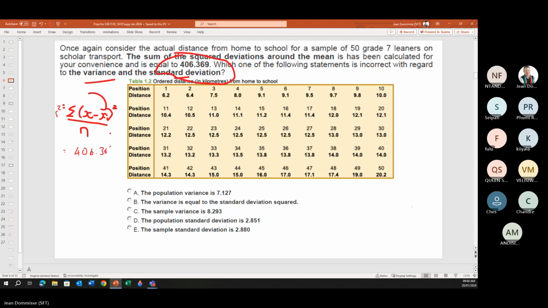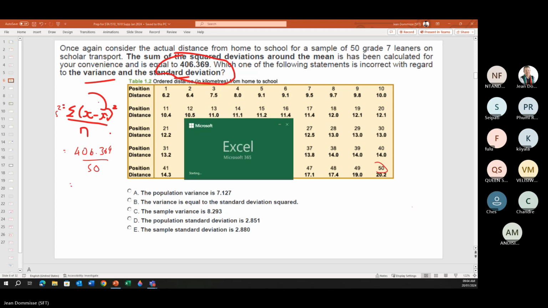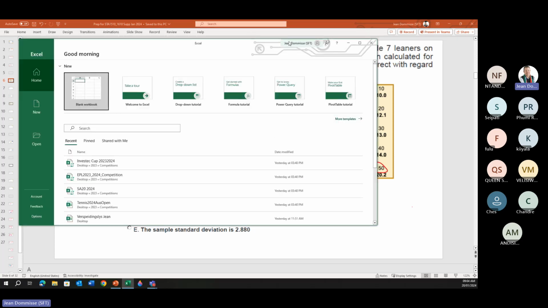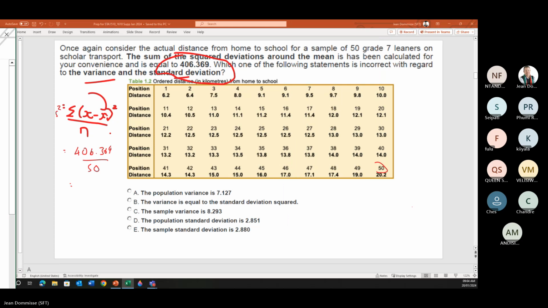Okay, so then to get that answer will be the 406.369 divided by how many there are. So it's 50. Okay, let me just, I don't have my calculator with me, so let me just quickly check on Excel.